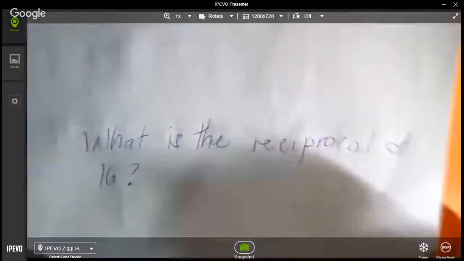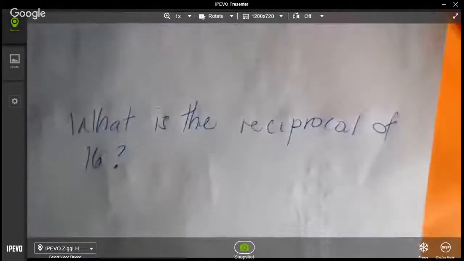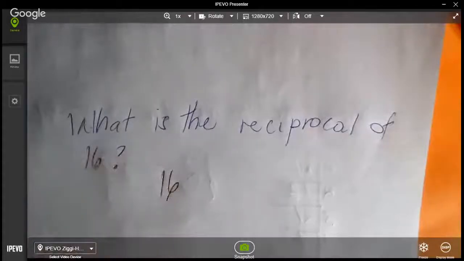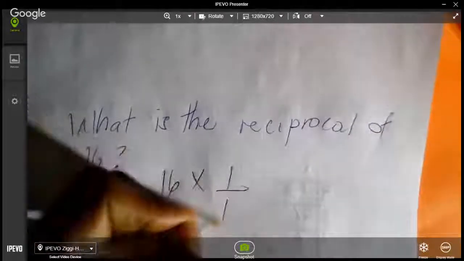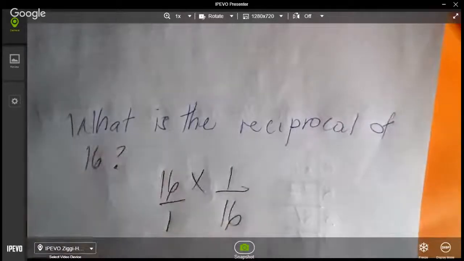All right. What is the reciprocal of 16? 1/16. So we have 16 multiplied by 1/16. Put this over 1.